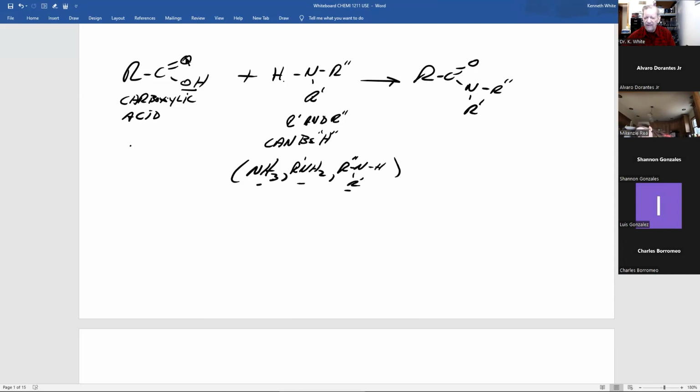And remember here, R prime and R double prime can be hydrogen. And I worked for a company that made a lot of amides.